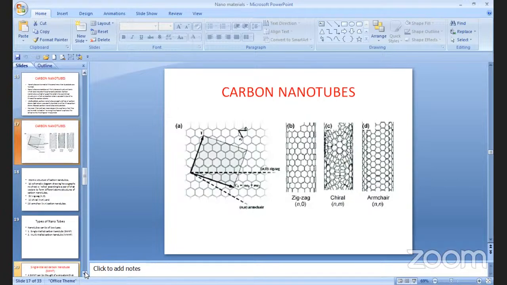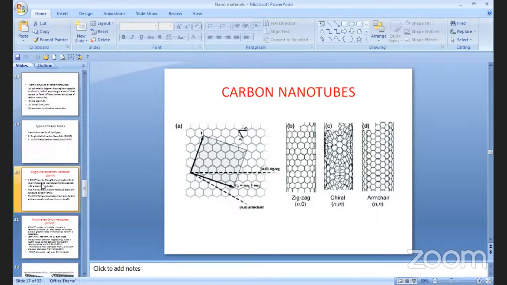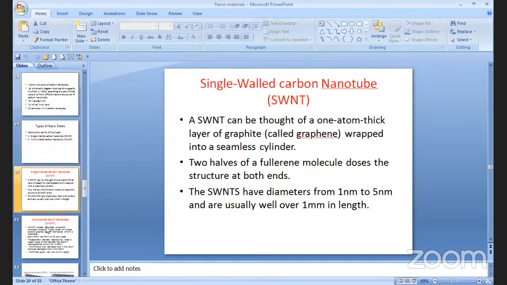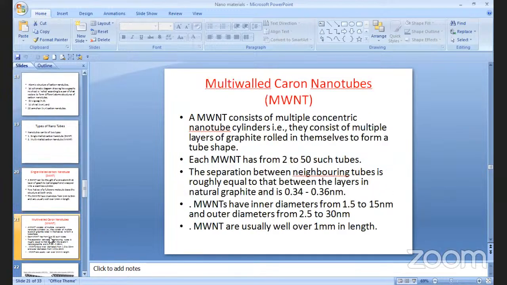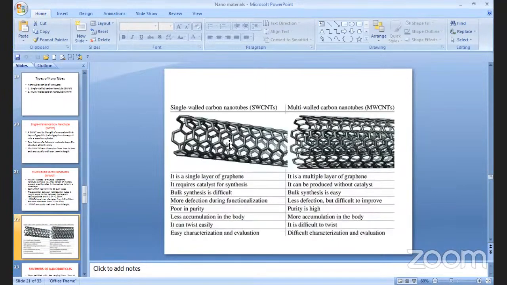We have seen single-walled carbon nanotubes and multi-walled carbon nanotubes. This is a single-walled carbon nanotube, and this is a multi-walled carbon nanotube.